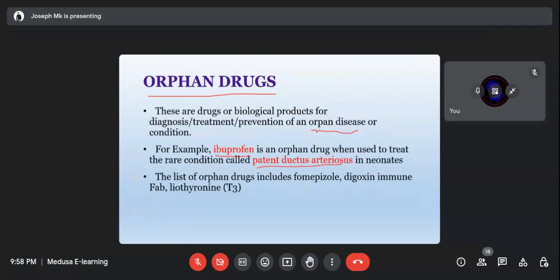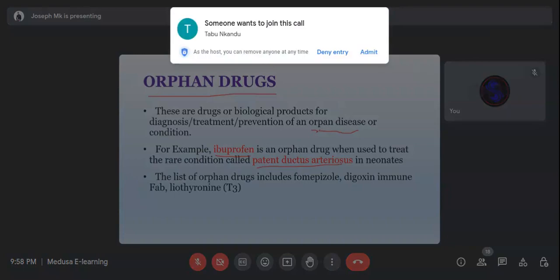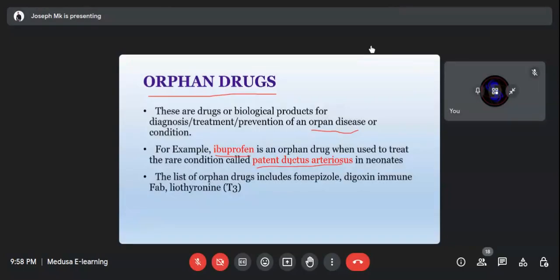So that's what we mean when we say an orphan disease. It occurs maybe, let's say, 1 out of 200,000 people. That one we are going to call an orphan disease because it is rare. It's a rare condition, so to say. Like patent ductus arteriosus. I know we all remember patent ductus arteriosus.